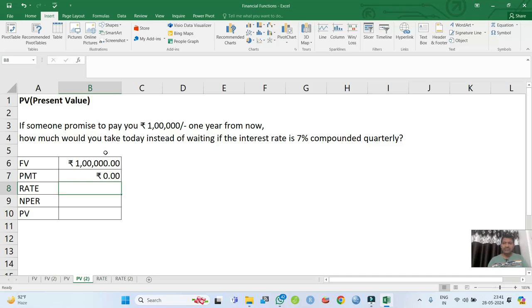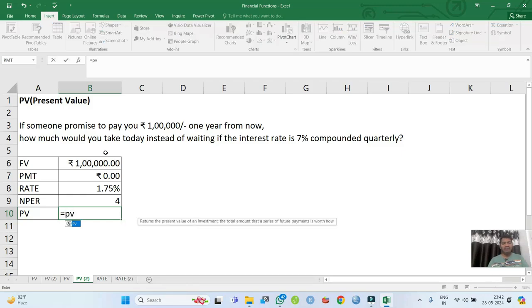What does 7% compounded quarterly mean? The same way, 7% divided by 4. NPER is 1 into 4, because here it is only 1 year, so 4 quarters. So what is the present value? If you type PV, you will automatically get the arguments you need to select.